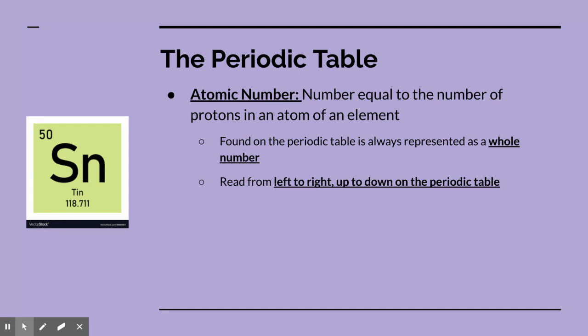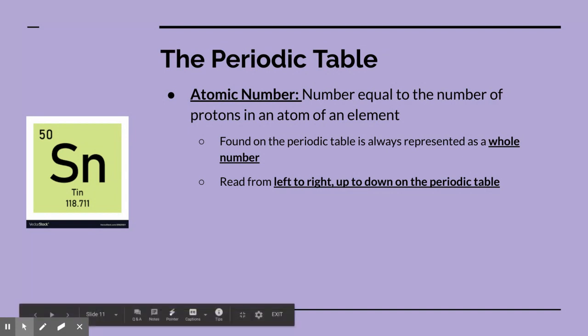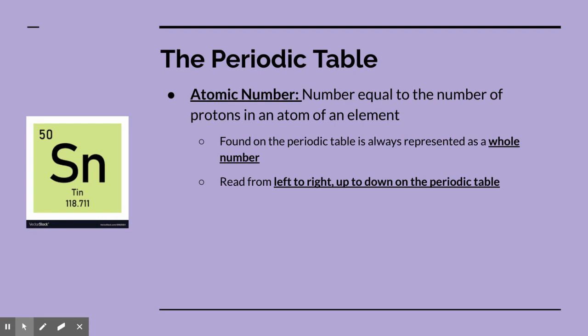And then if you go down to the second row, you've got lithium, beryllium, boron, carbon, nitrogen, oxygen, fluorine, and neon. Lithium has 3, beryllium has 4, boron has 5, carbon has 6, nitrogen has 7, oxygen has 8, fluorine has 9, and neon has 10. So you see how we go from smallest to greatest, from top to bottom, and we read it from left to right.